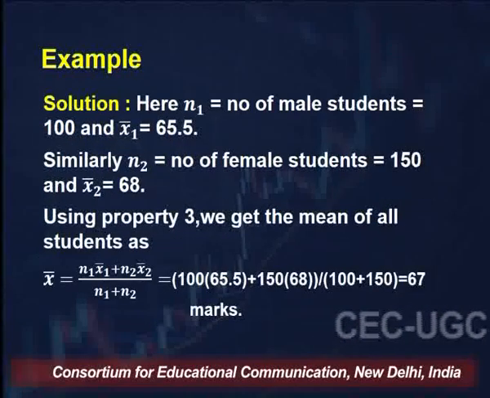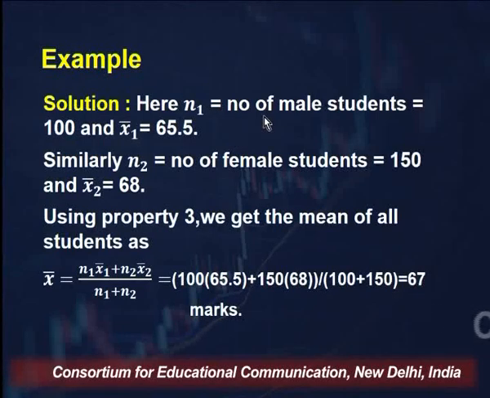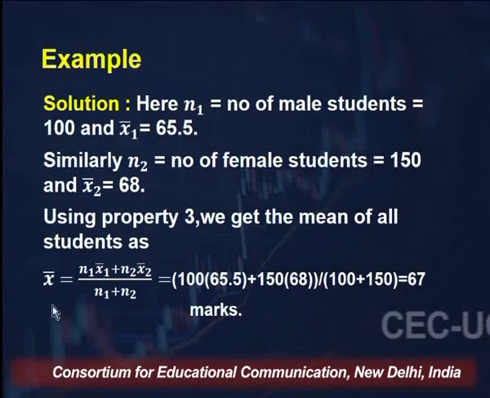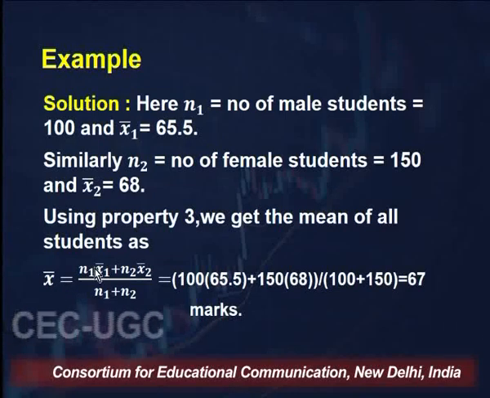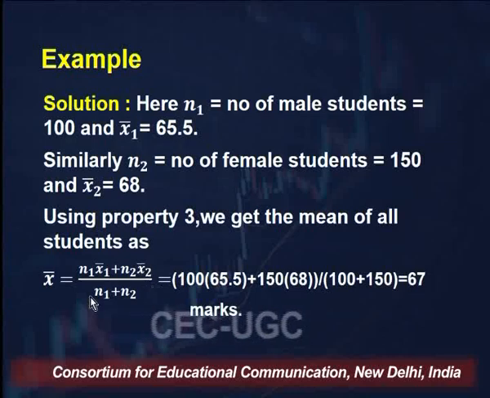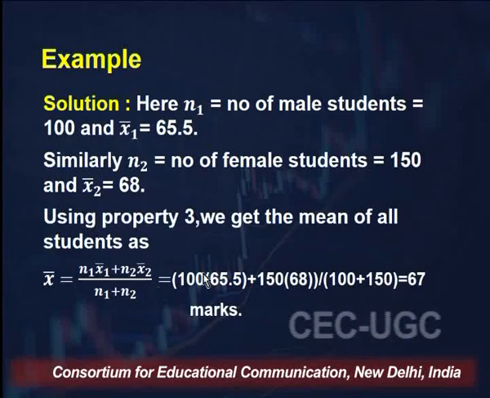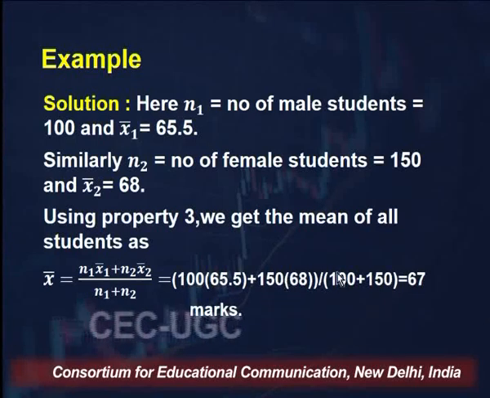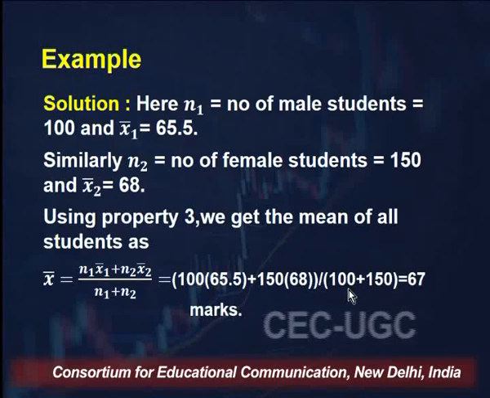So n1 is 100, x1 bar is 65.5, n2 is 150 and x2 bar is 68. Then using the third property, I can straight away write x bar as n1 x1 bar plus n2 x2 bar upon n1 plus n2. Putting in the values, 100 into 65.5 plus 150 into 68 divided by 250, and by simple calculation it comes out to be 67 marks.